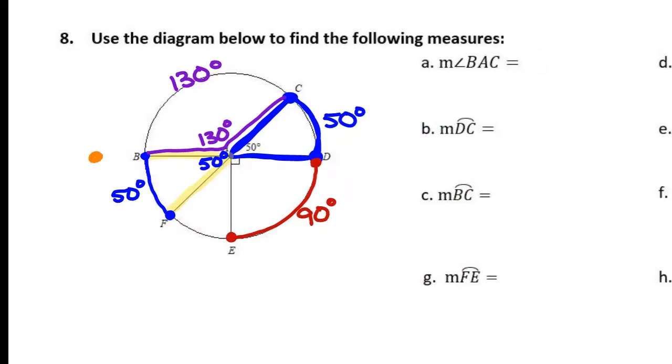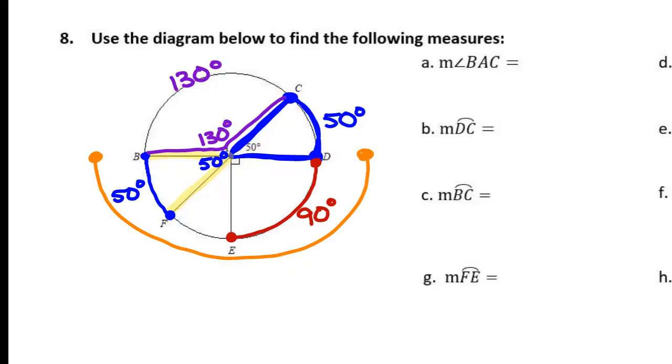BD you said was a diameter, which cuts my circle in half. So how big is arc BED? 180 for here. This much of it is 90, right? This much of it is 50.